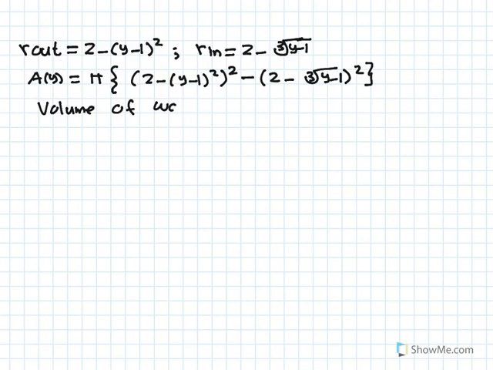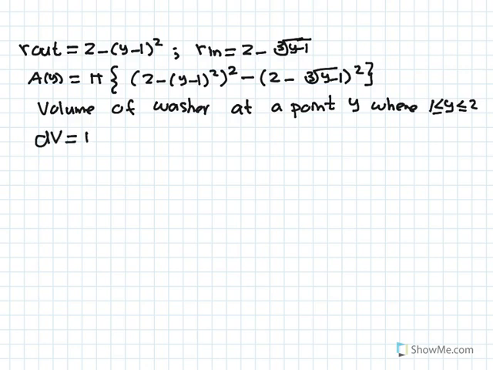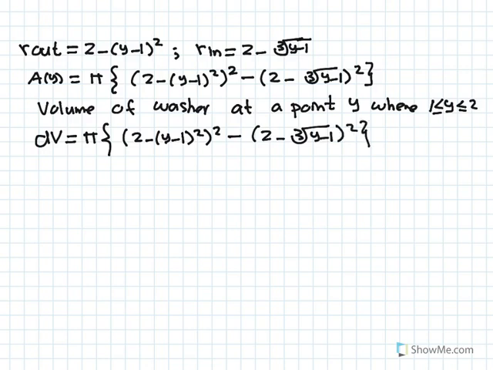Differential volume is going to be pi times 2 minus y minus 1 squared, all squared, minus 2 minus third root of y minus 1, all squared, times dy. And that's the volume of a washer.